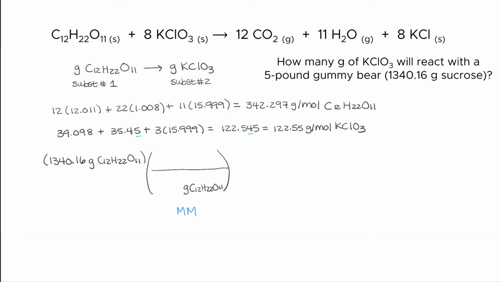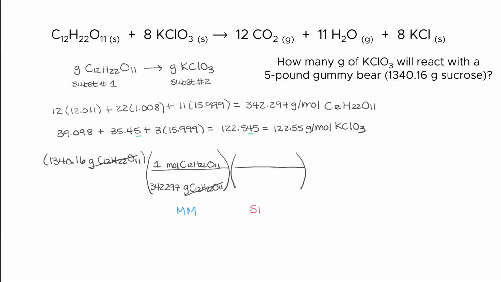That means moles of sucrose will be in the numerator. Filling in the values, we have 1 mole and 342.297 grams. We'll cancel the units and then set up our stoichiometry step.